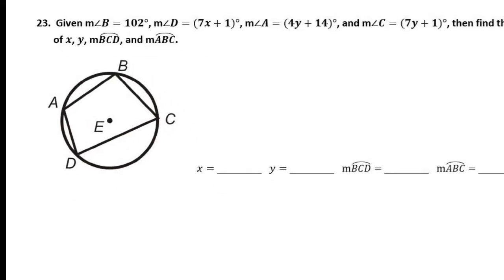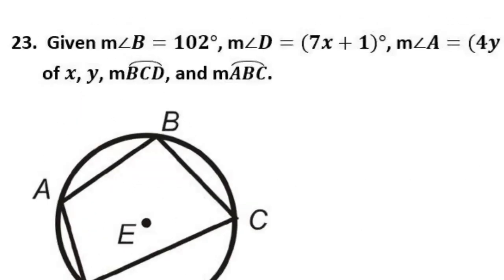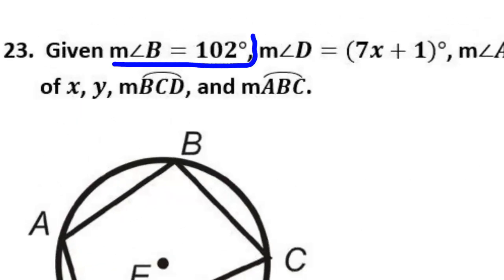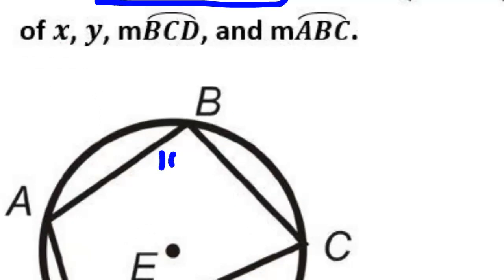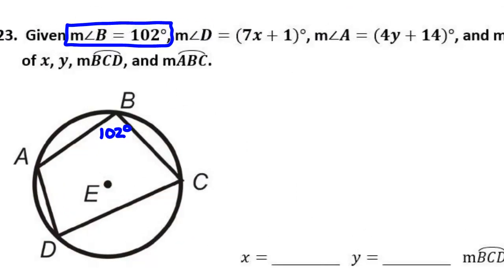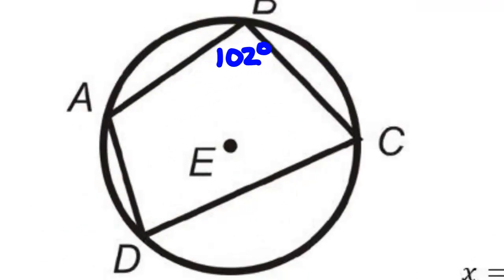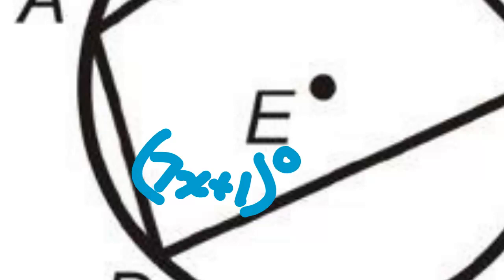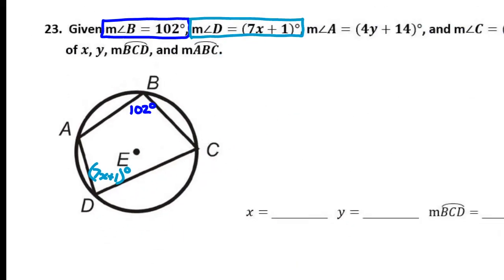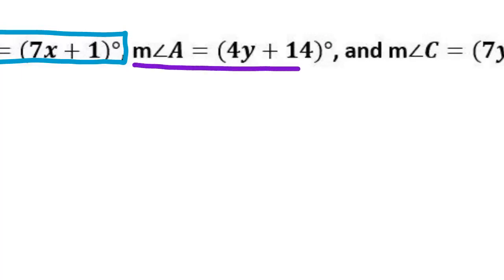All right. Let's go ahead and add the information that they gave us. Angle B is 102 degrees. Angle D is 7x plus 1 degrees. Angle A is 4y plus 14 degrees.